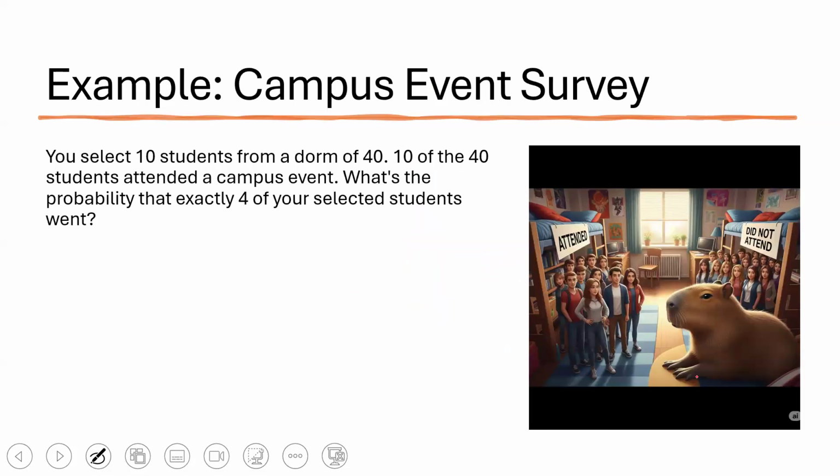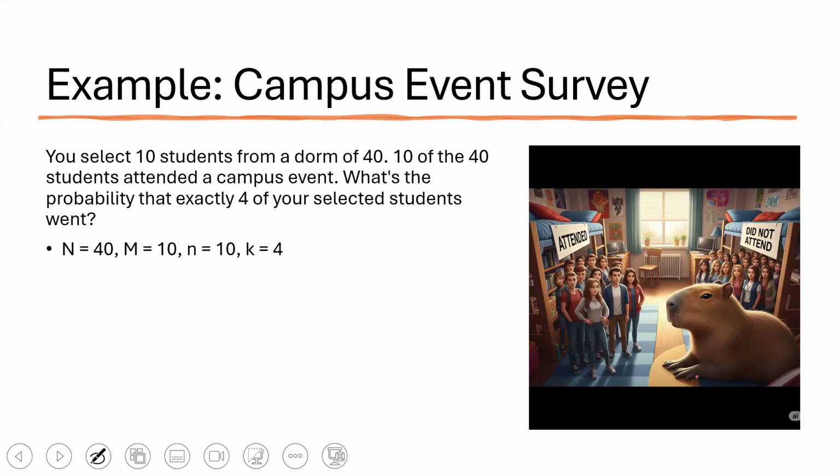Imagine you're selecting 10 students at random from a dorm of 40. Out of those 40, 10 attended a campus event last weekend. What's the probability that exactly 4 of the 10 selected students went to the event? This is a hypergeometric problem because we're sampling without replacement from a known population.